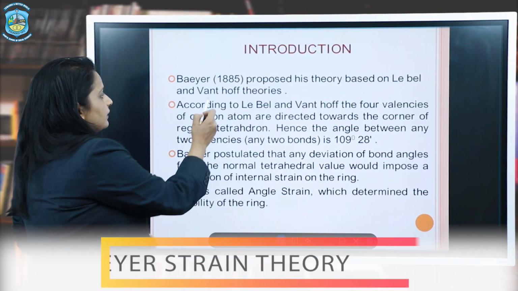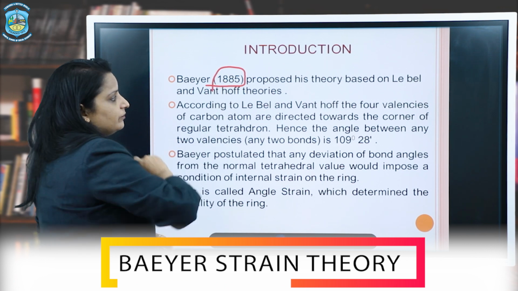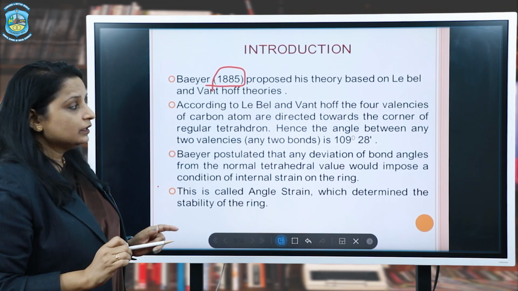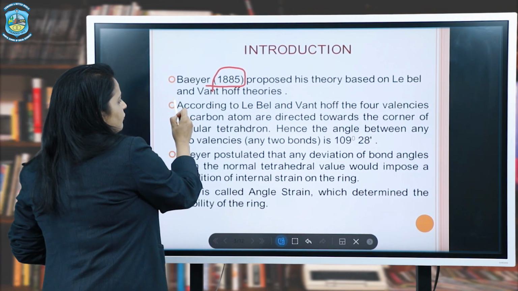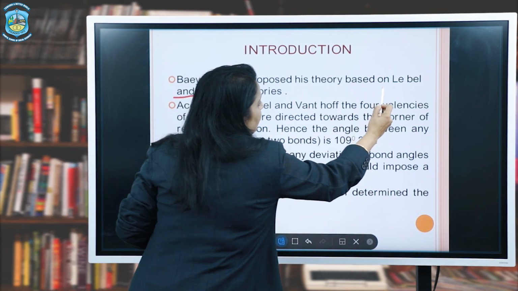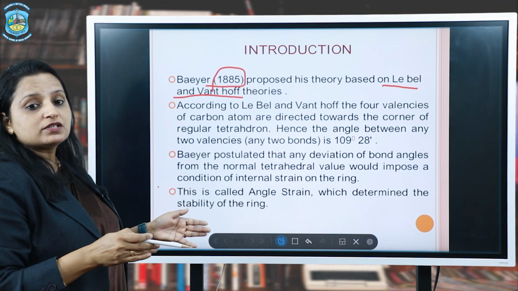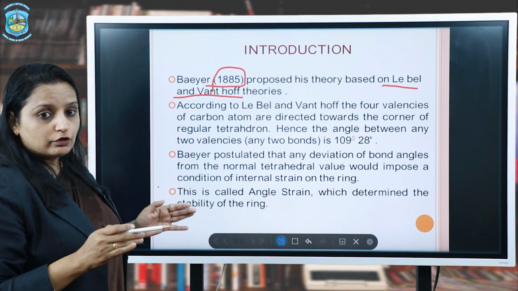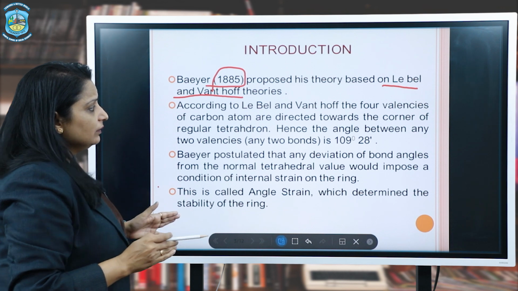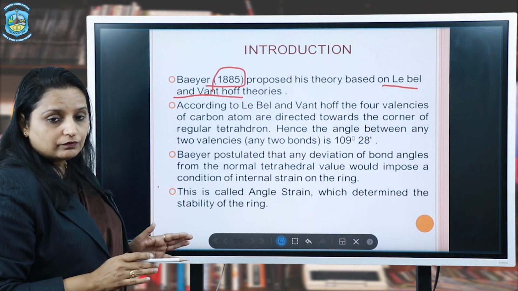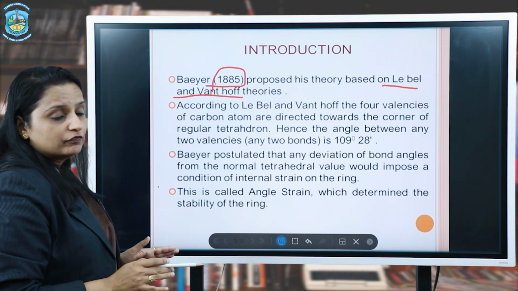Baeyer in the year 1885 proposed this theory on the basis of Van 't Hoff theory and Le Bel theory. Now, first understand what was the Le Bel and Van 't Hoff theory. According to Le Bel and Van 't Hoff, carbon has 4 valencies.